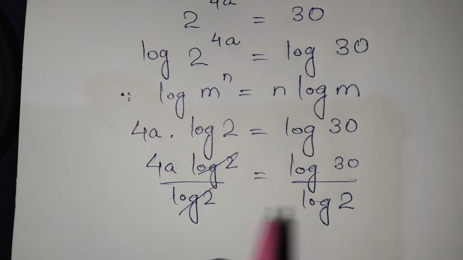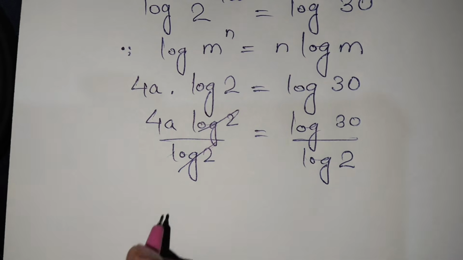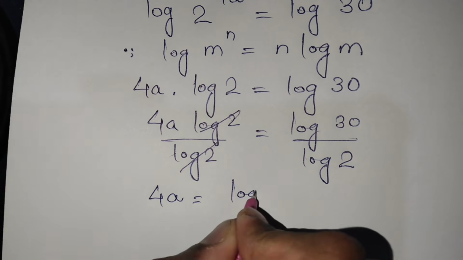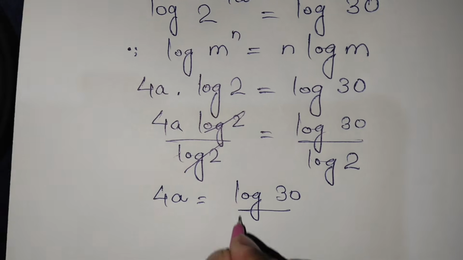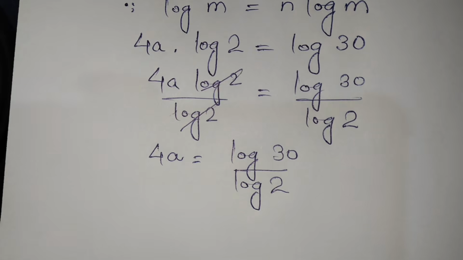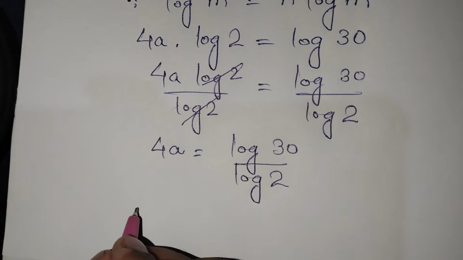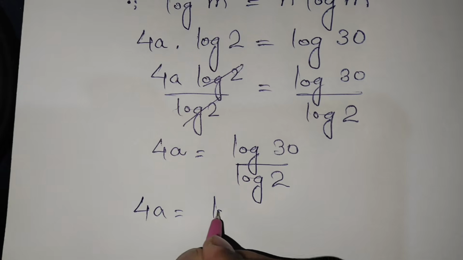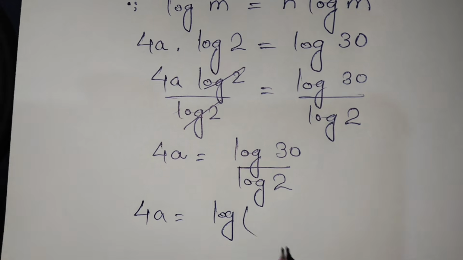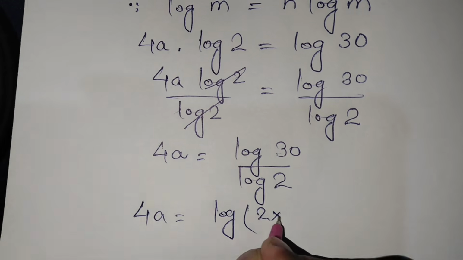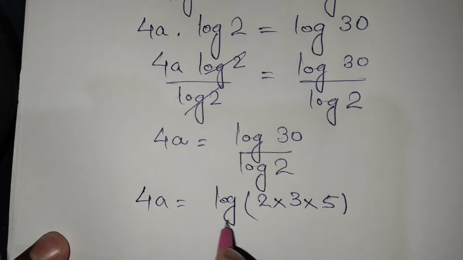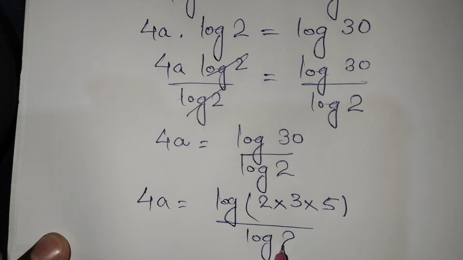Log 2 cancels with log 2. 4a equals log of 30 over log of 2. We can write this as 4a equals log of 2 into 3 into 5 over log of 2.